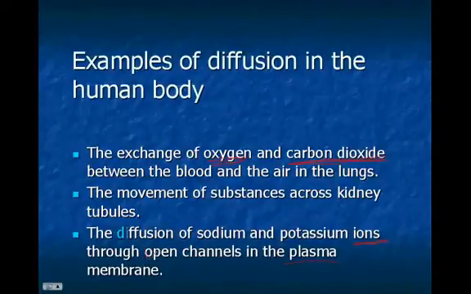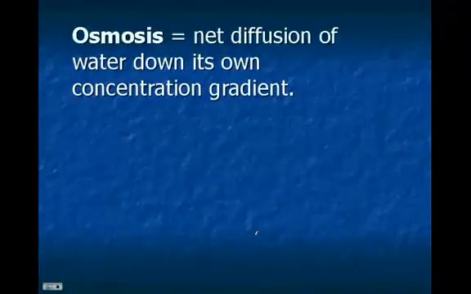However, sometimes, and we're going to talk about this in just a minute when we talk about facilitated diffusion, we get a little help from proteins in the membrane and they form channels that allow things that are charged or sometimes large to diffuse across the membrane down their concentration gradient. So that gives you an example of some of the things that will diffuse down their concentration gradient in the human body.